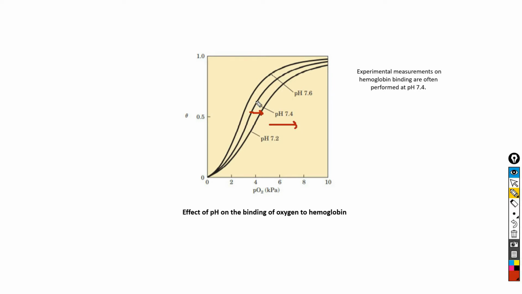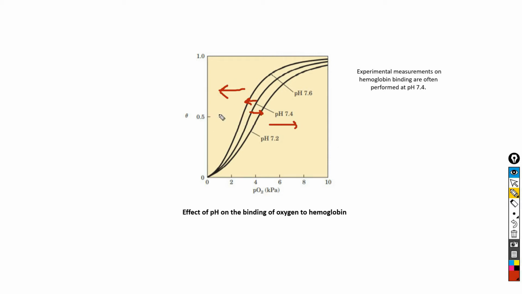But when pH increases from normal value of 7.4 to 7.6, the oxygen hemoglobin dissociation curve shifts a similar amount, that is approximately 15% to the left. So in conclusion, when pH decreases from the normal value, the oxygen hemoglobin dissociation curve shifts to the right. That forces oxygen away from the hemoglobin and therefore delivers increased amounts of oxygen to the tissue, and this case is observed in peripheral tissue.